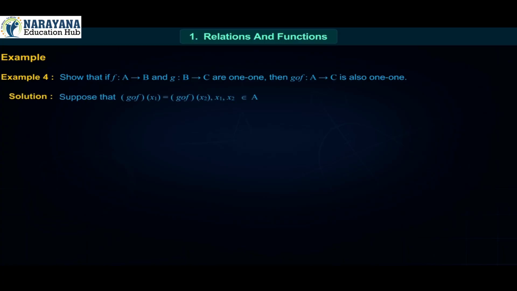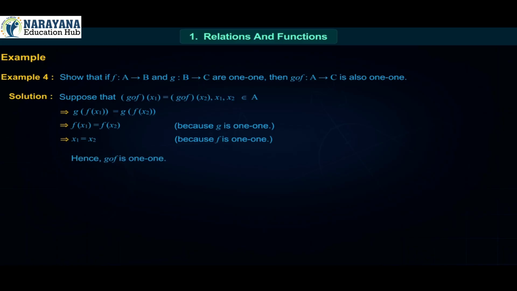Solution: suppose that GOF of x1 is equal to GOF of x2, where x1, x2 belongs to A, implies that G of f of x1 is equal to G of f of x2, implies that f of x1 is equal to f of x2 because G is 1-1, implies that x1 is equal to x2 because f is 1-1. Hence, GOF is 1-1.